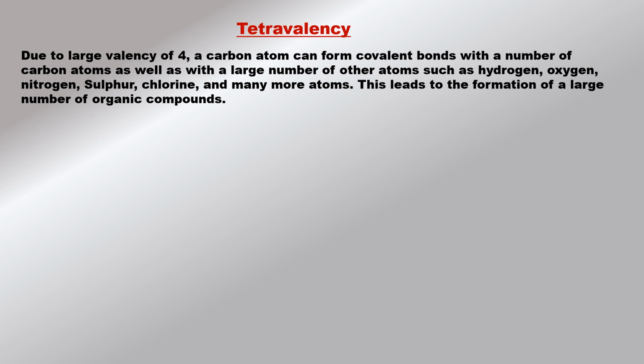That is, carbon is tetravalent. Due to its large valency of 4, a carbon atom can form covalent bonds with a number of carbon atoms as well as with a large number of other atoms such as hydrogen, oxygen, nitrogen, sulfur, chlorine, and many more atoms. This leads to the formation of a large number of organic compounds.